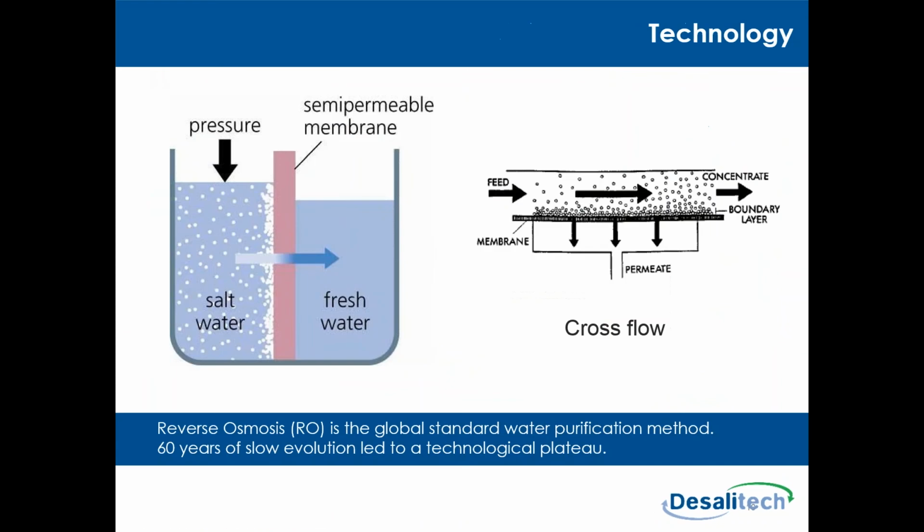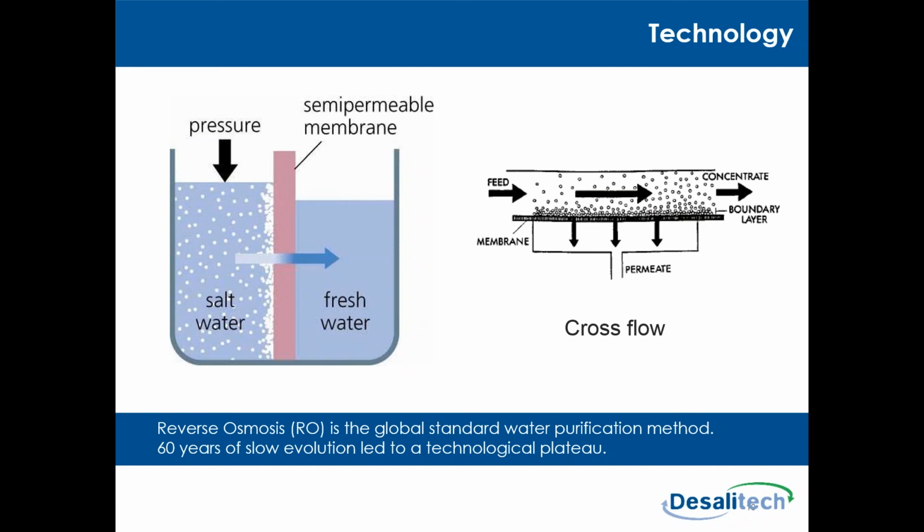Okay, I'm going to talk now about technology and introduce that with these basic diagrams for what reverse osmosis is. This is where you apply pressure to a salt solution, and fresh water is forced through a semi-permeable membrane. All the salts are held back. You can't actually do it in the configuration shown on the left.